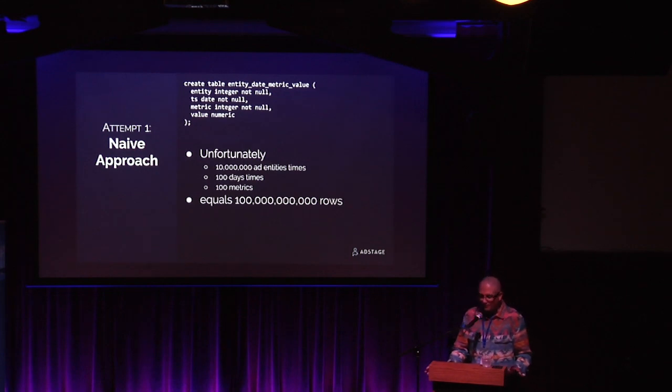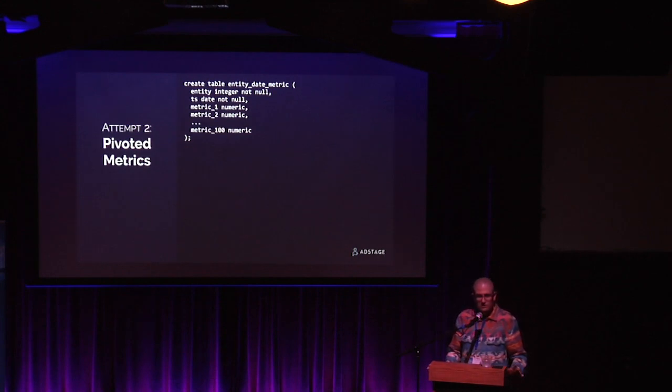Okay, so that's way too big. I said, all right, how can I improve on this? What if I denormalized a little bit and pivoted those metrics up from rows into columns? So instead of having one row for every value, let me store all the 100 metrics associated with a particular entity at a particular time in a single row.